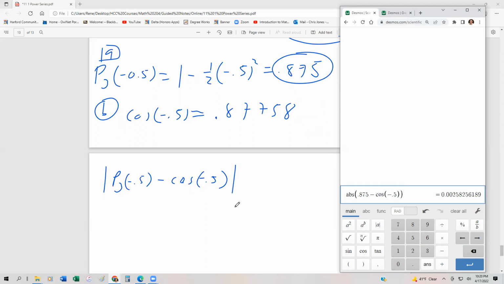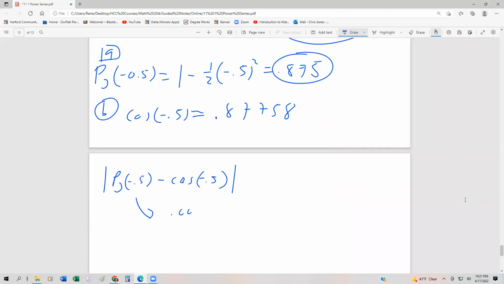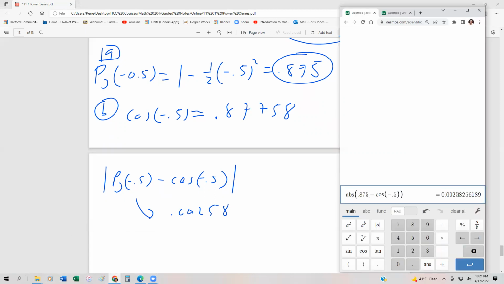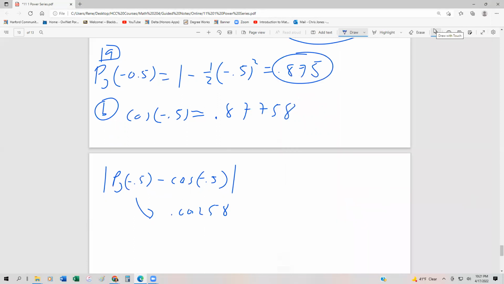And that's what we get out of this. We get 0.00258. Let me just make sure I copied that down correctly. So 0.00258. Yep. And if I wanted to convert that into scientific notation, that would be 2.58 times 10 to the minus 3.